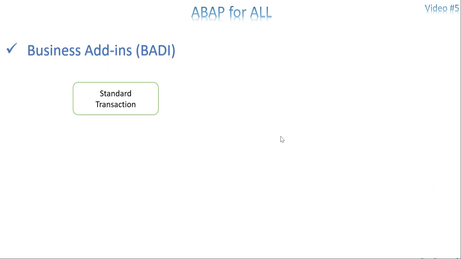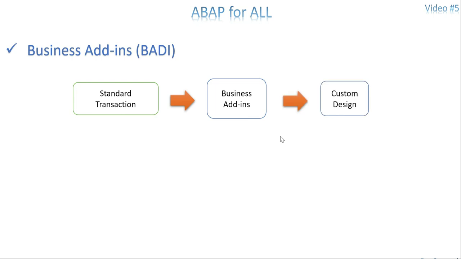So there is a standard transaction and I need some place to add my own custom code, so we go with BADIs as well. It has its own advantages comparatively with customer exit. So we'll see one by one. The same thing is called business add-ins, and you can write your own code, and everything is coming under one roof, which is nothing but the enhancement spot.